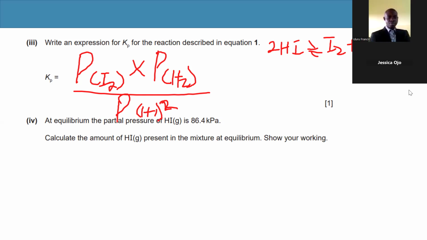So at equilibrium, the partial pressure is of HI. You're like saying that equilibrium Kc is this one. So we are given, no, this one is just ordinary partial pressure. That the mole is like the mole of... So how do we calculate the amount of HI present in the mixture at equilibrium?